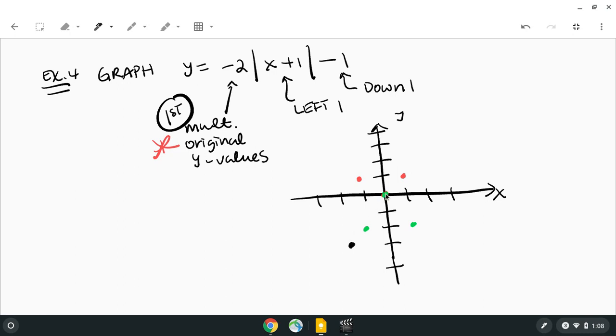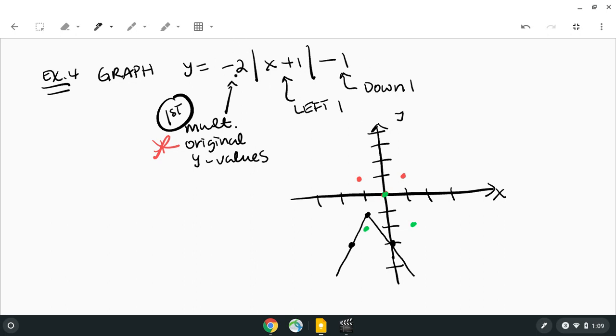The next one, left one, down one. And the third one, left one, down one. So now I have these 3 black points, and I know it's an upside down V. So now I can go ahead and graph it. So that's how you put them all together.